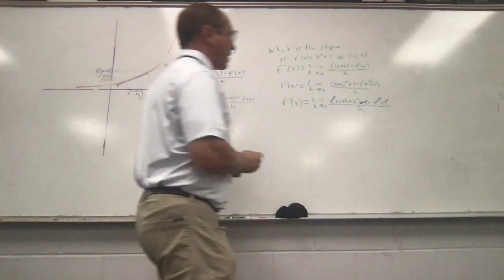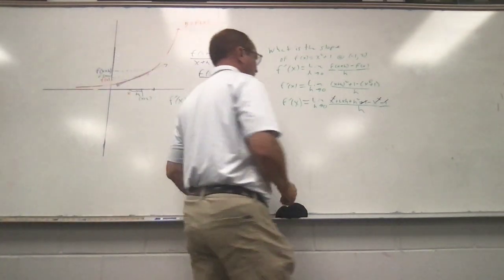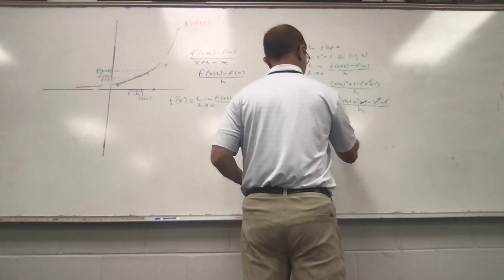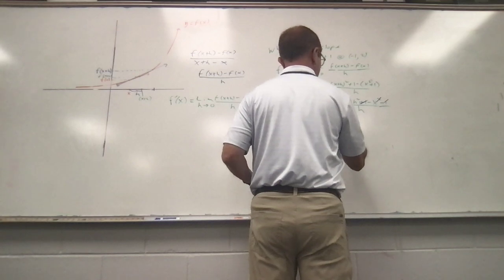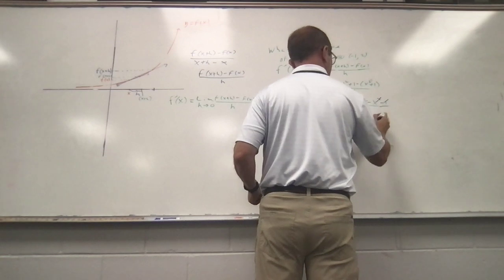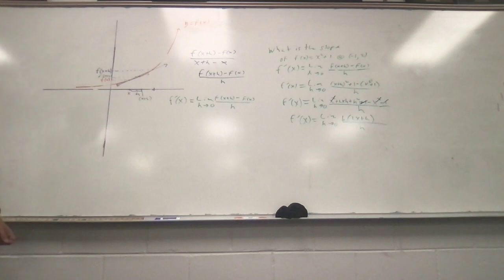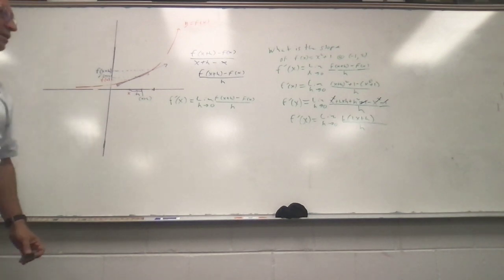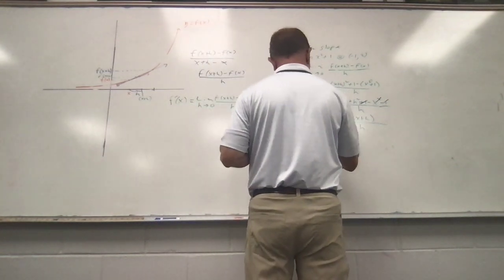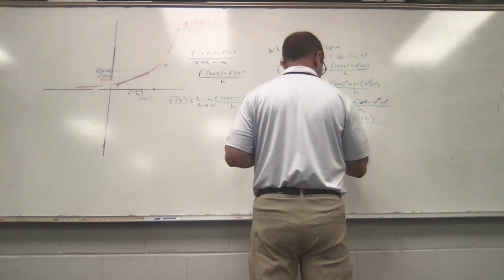All right, so now everything has an h left with it. It's still the limit as h approaches 0 of h times 2x plus h over h. Well, by factoring out that h, what does that allow us to do? Cancel out those h's. So it's now the limit, and you're not going to have to show all these steps, but I'm trying to show them for now.